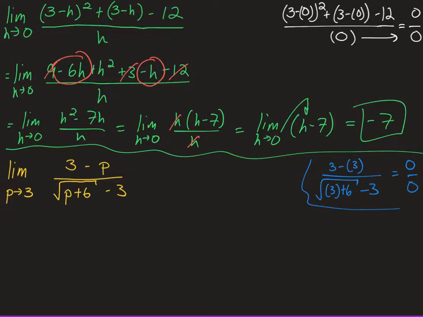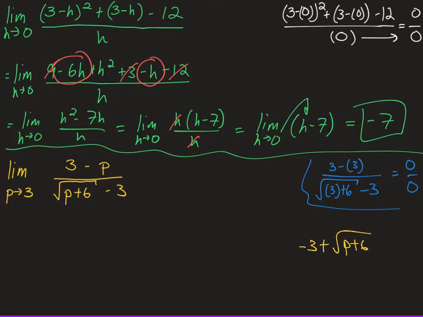Okay, for this one, the big clue here is that I've got a square root and a second term being added or subtracted to or from that square root. And this denominator could have been written a bunch of different ways. For example, it could have been written like this, -3 plus the square root of p plus 6.